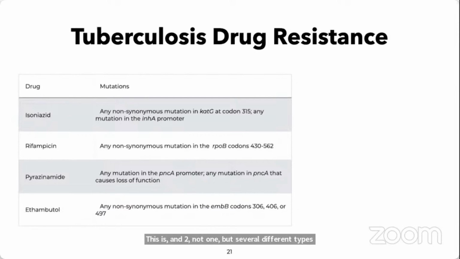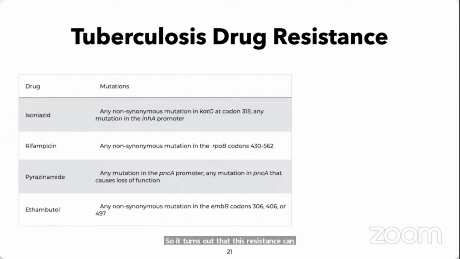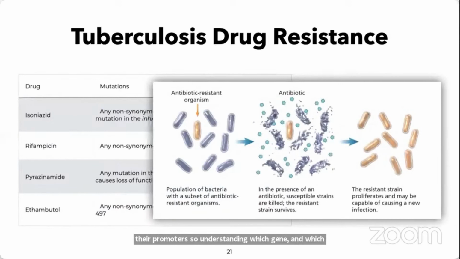It turns out that this resistance can be associated with a specific set of mutations in specific genes or their promoters. So understanding which gene mutation is resistant to which antibiotic is very important in understanding the development of resistance in general.